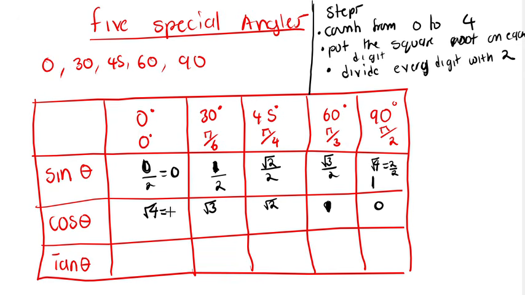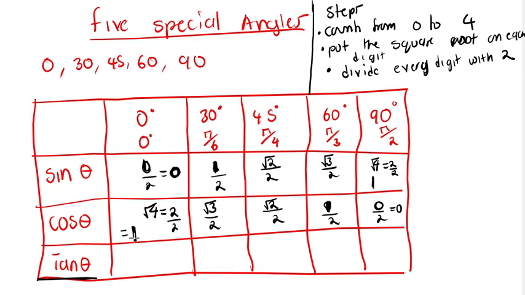What's the square root of this? It is 2. So I'll divide by 2. The answer is what? 1. I'll divide each of these by 2. So when I divide 0 by 2, the answer is what? 0.